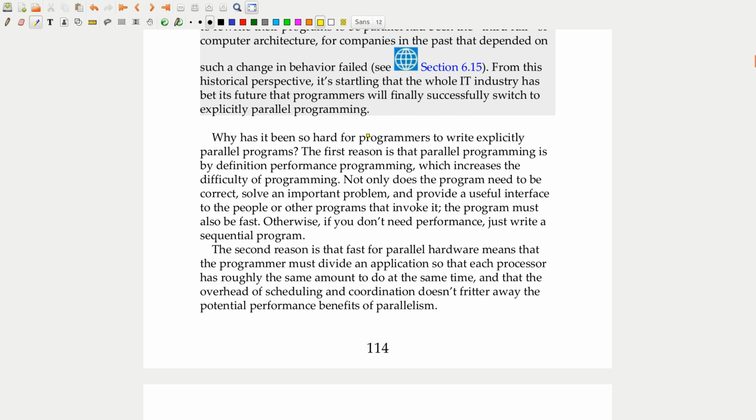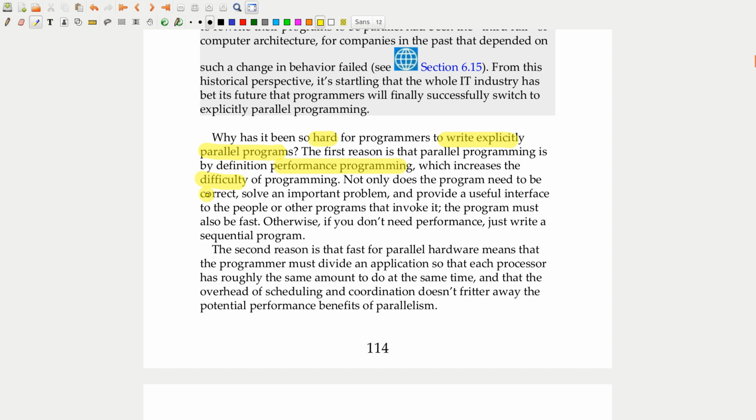Okay. So why is it hard for programmers to write explicitly parallel programs? The first reason is that parallel programming is by definition performance programming. So that makes it difficult. If you ever wonder why, when some app runs slow, they haven't fixed this and made it better, it's because when you're doing optimizations, that is a lengthy process.